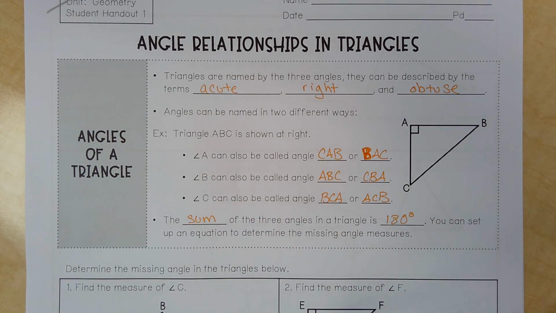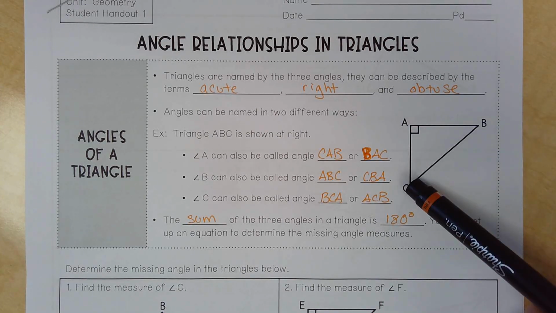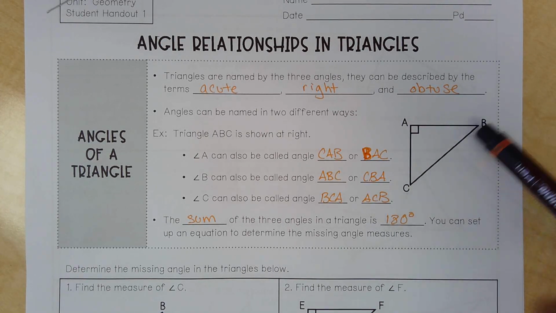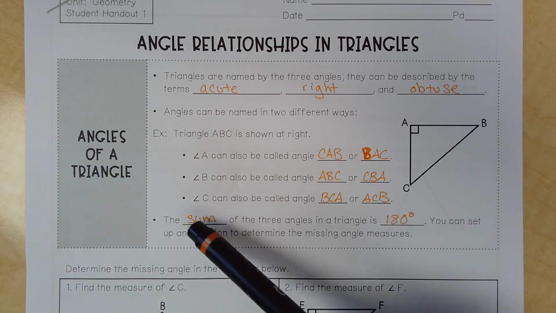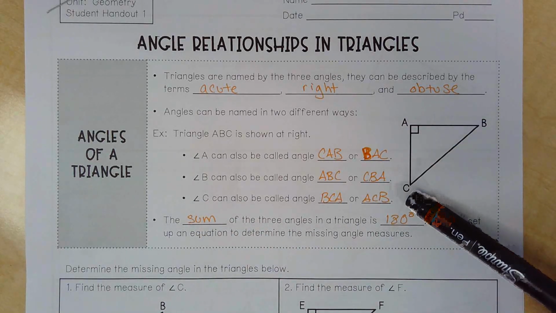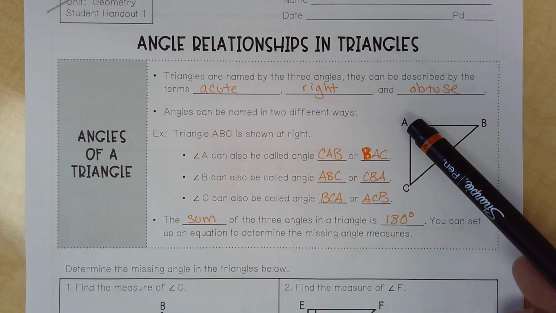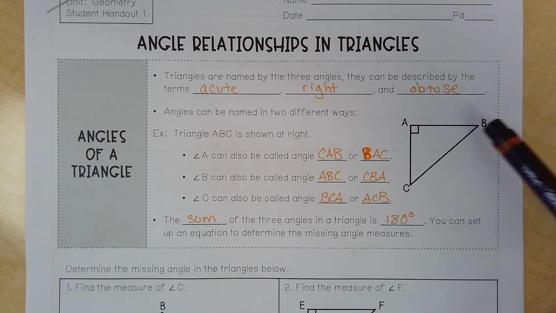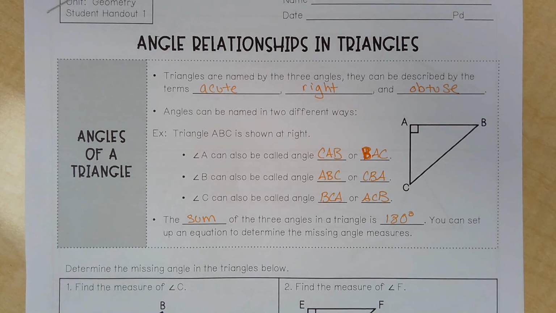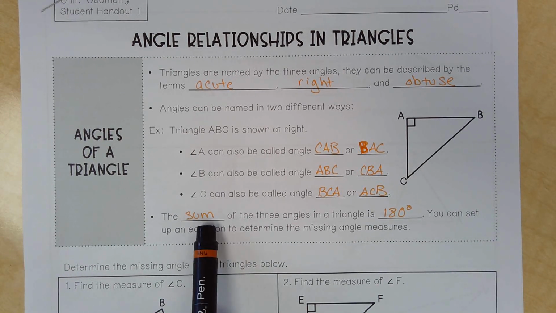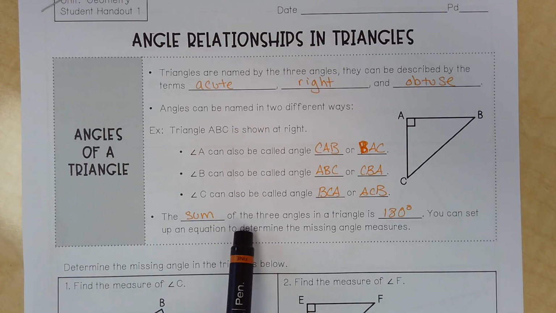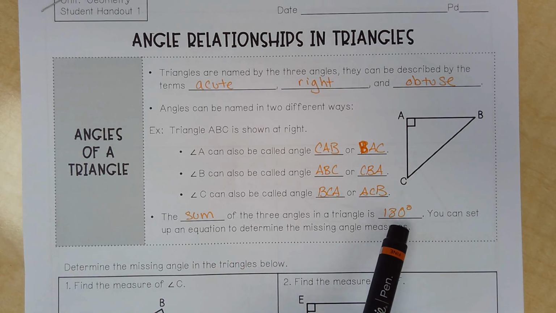Angle B can also be considered ABC or CBA. Angle C can also be called BCA or ACB.